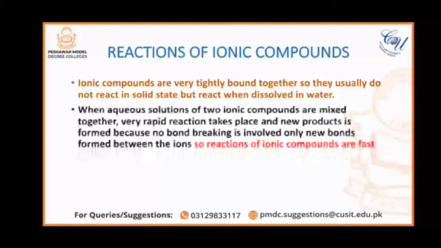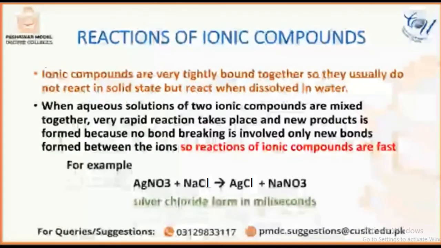So no bond breaking is involved, only new bonds are formed. For example, the ionic compound silver nitrate reacts with another ionic compound, sodium chloride, and the product silver chloride is formed in milliseconds because the reaction between ionic compounds is fast.